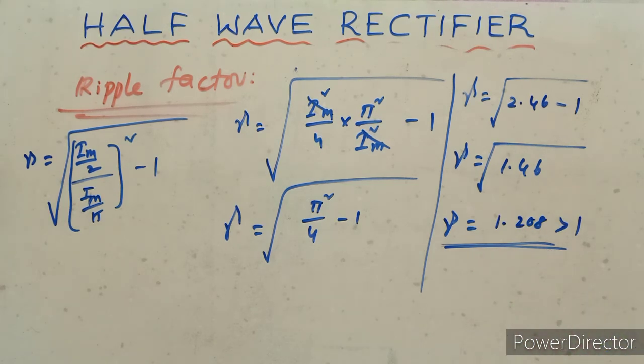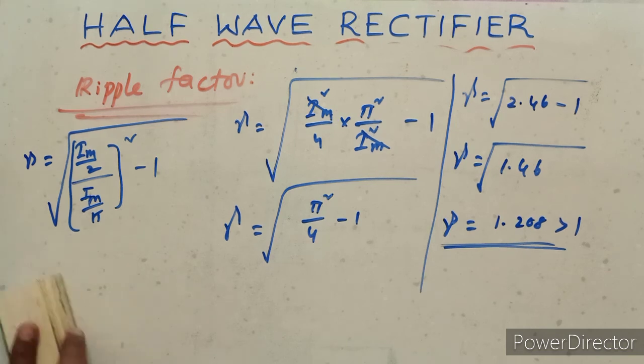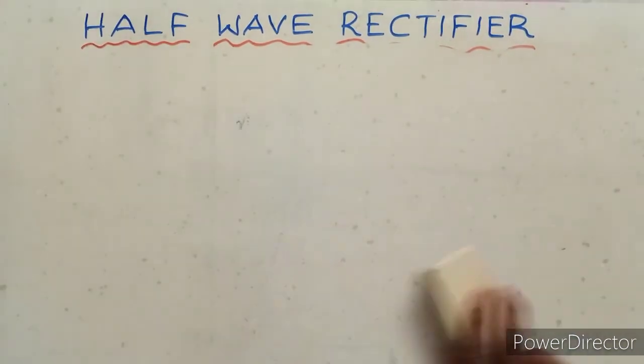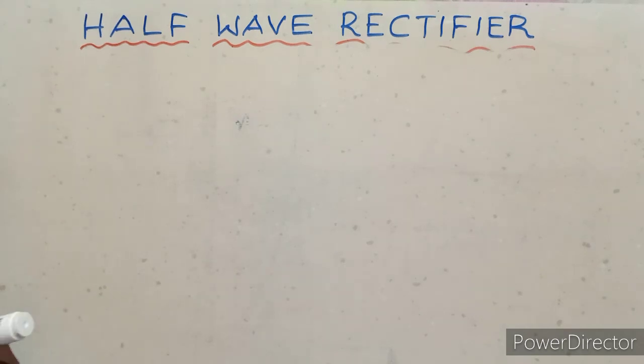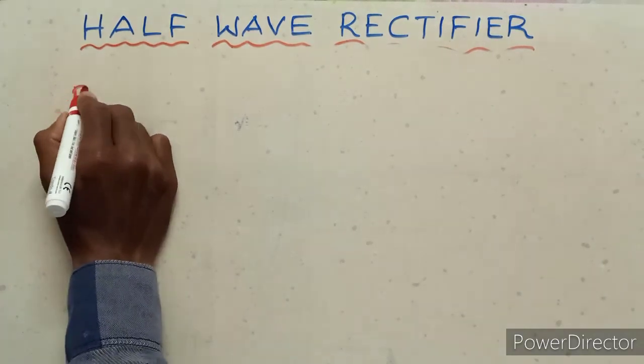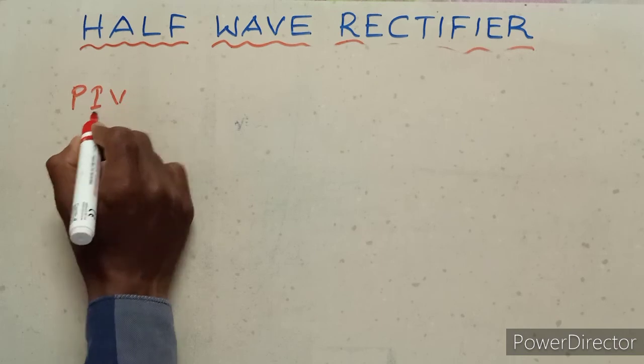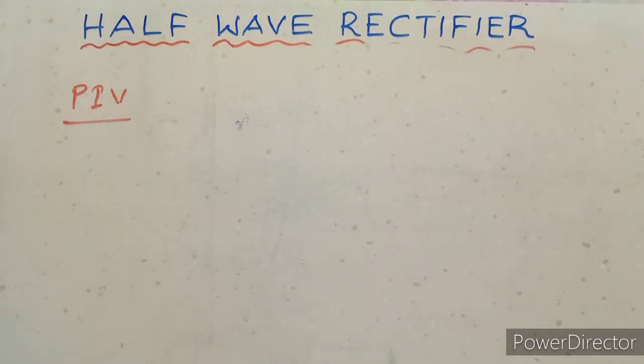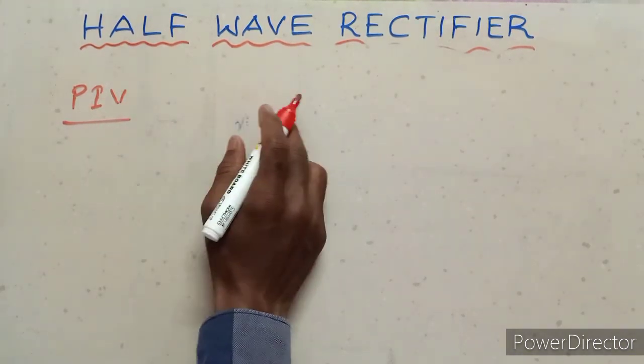Okay, next parameter is the peak inverse voltage. Peak inverse voltage is a rating of a diode.